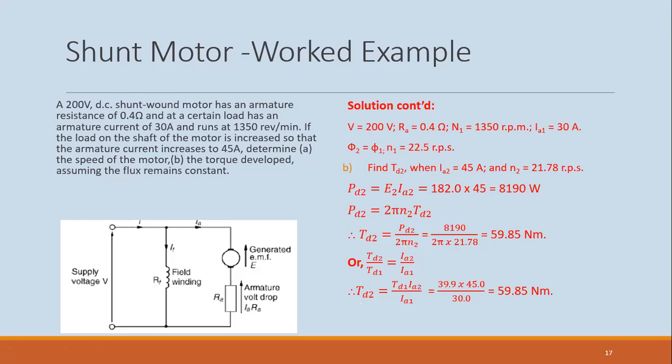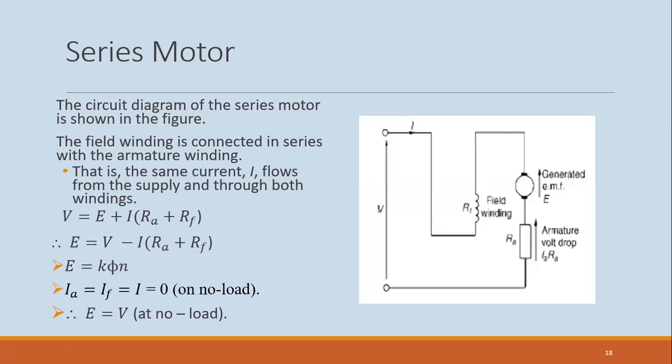All right, so we're gonna go on now to the series motor. And in this case, the windings are again connected in series. So the same current now will be flowing through both windings.